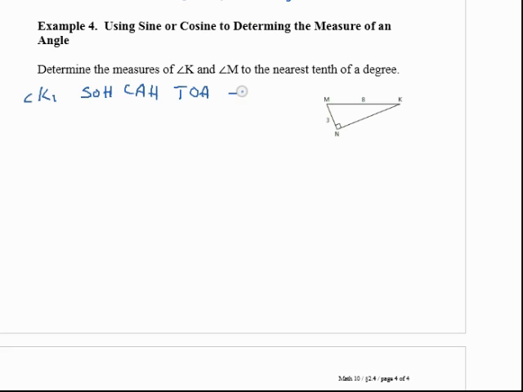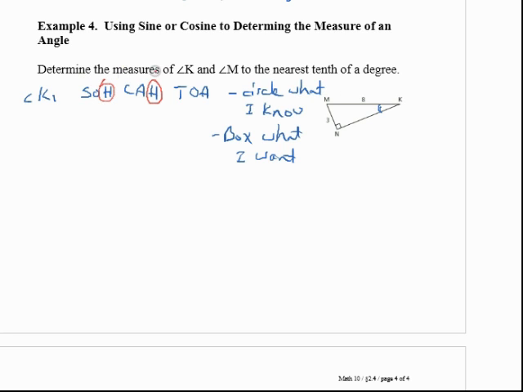So I'm going to circle what I know. Circle what I know. Box what I want. I'm talking about angle K. I know my hypotenuse, so I'm going to circle the H for hypotenuse.